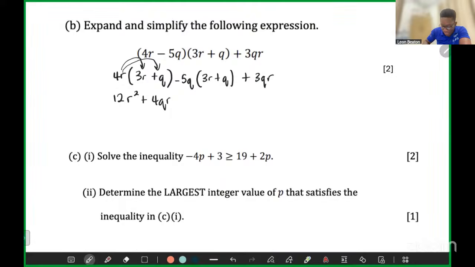And then we do the negative 5q times everything in the same bracket. So negative 5q times 3r: negative times a positive will give us a negative, 5 times 3 would give us 15, and q times r would give us qr. And then negative 5q times q: negative times a positive would be a negative, 5 times 1 will give us 5, and q times q will give us q squared. And then we put back the plus 3qr.